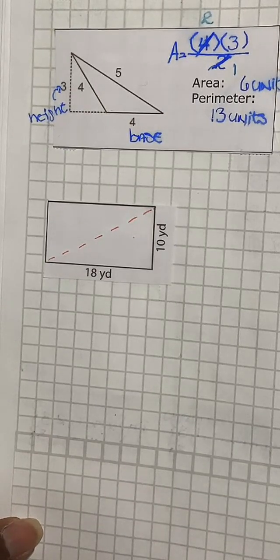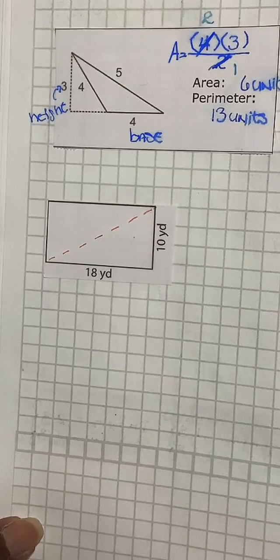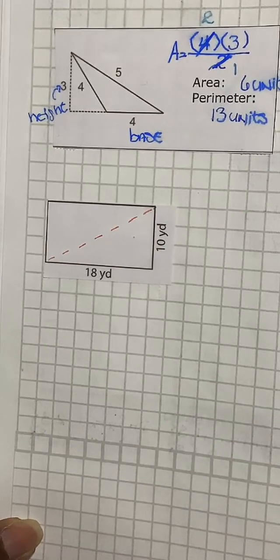So we got Raven saying 180 squared yards. Zach is saying the perimeter is 56. So SO is saying 180 yards square. Janice is saying or 90. Don't forget units. Yes, do not forget the units.